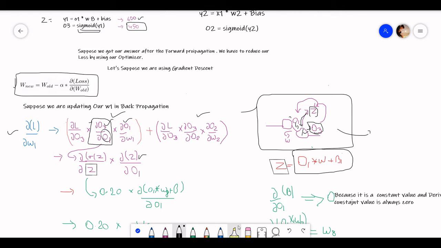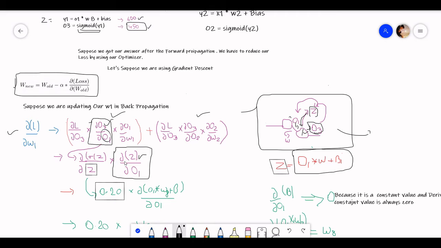Suppose the first derivative of sigmoid, it means the derivative of 450, we are taking as 0.20. Suppose we are guessing. So now take a look at this function.